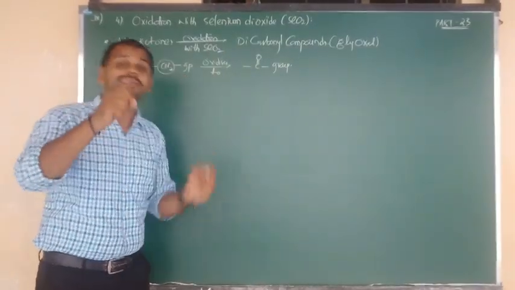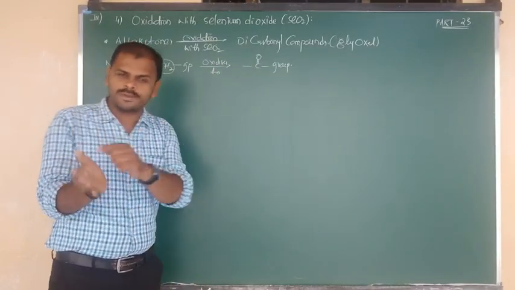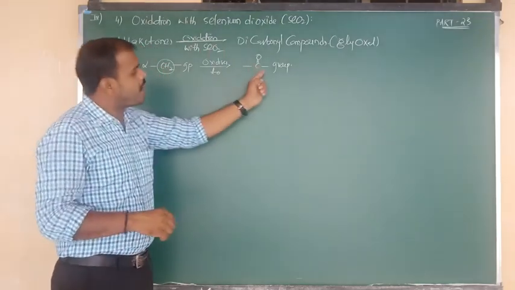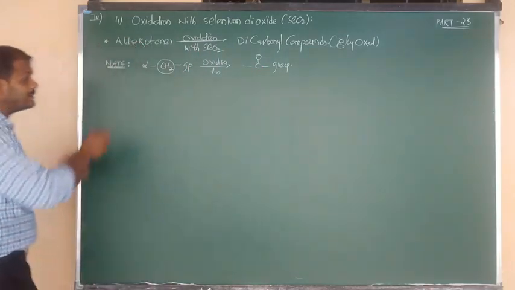That is the main thing in this selenium dioxide reaction. Everything else remains the same from reactant to product. Just the alpha CH2 group is converted into C double bond O.